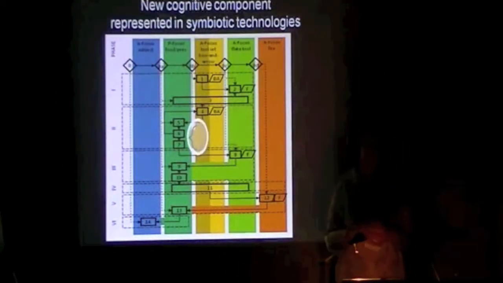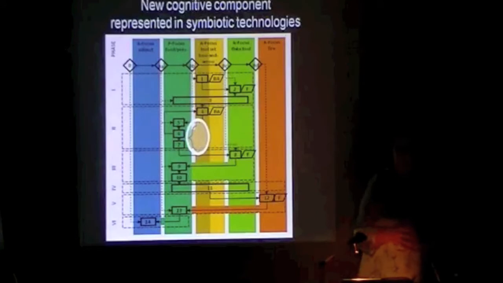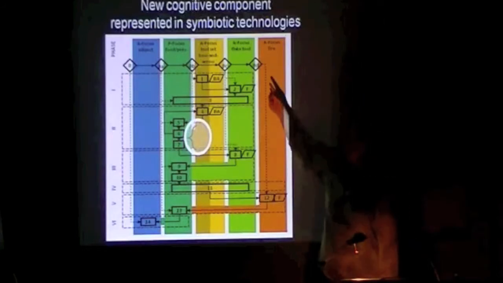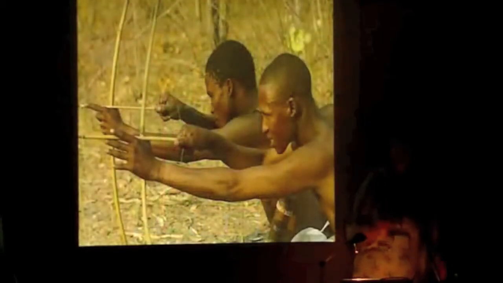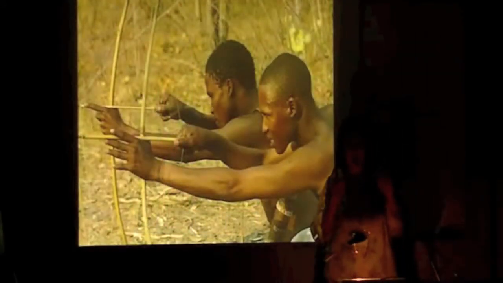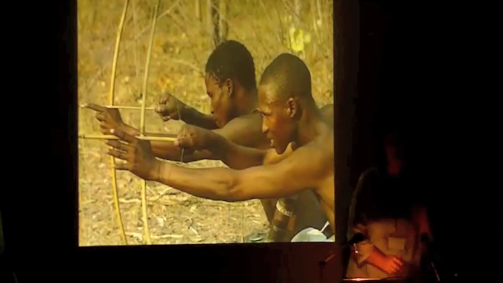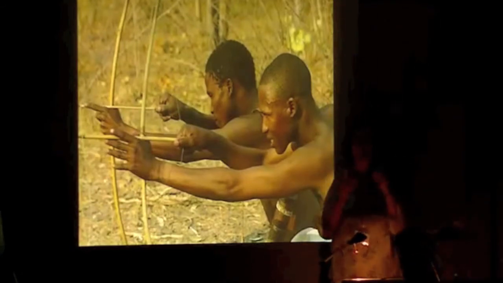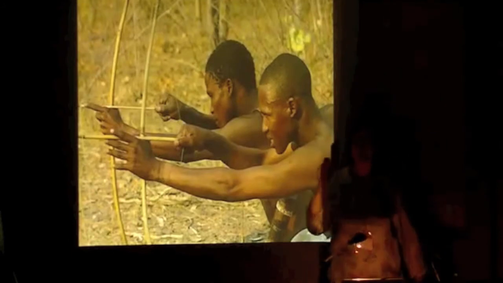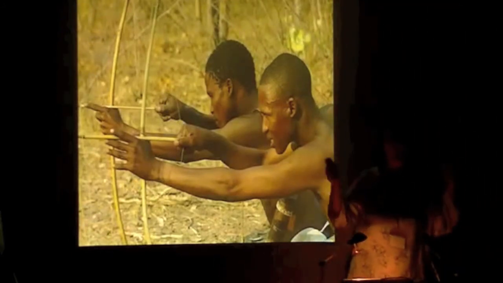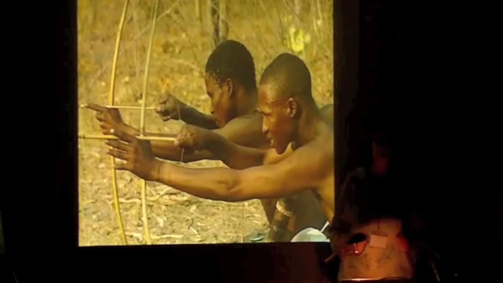And this we are now calling the cognitive component that's represented in symbiotic technologies. It means that simultaneously and actively, I'm not just holding something, I'm actively manipulating and focusing on two different technologies to reach a goal that I cannot possibly reach with either of these technologies on their own.